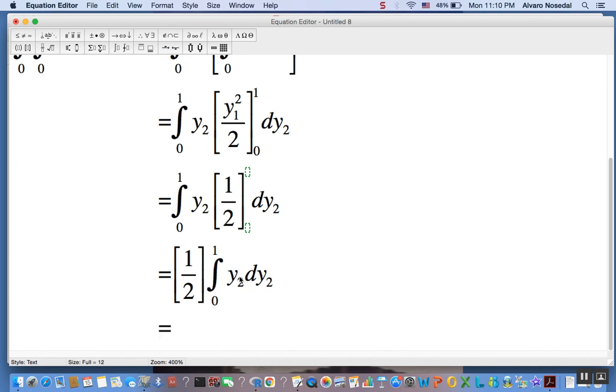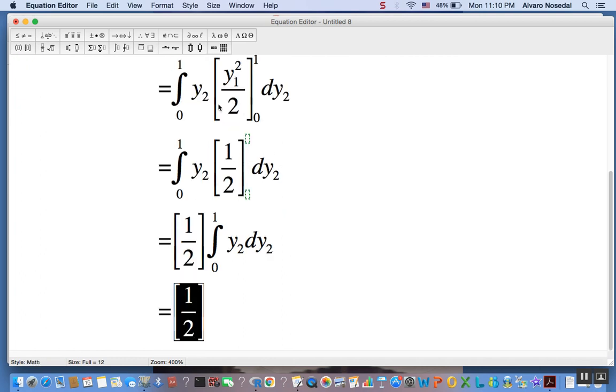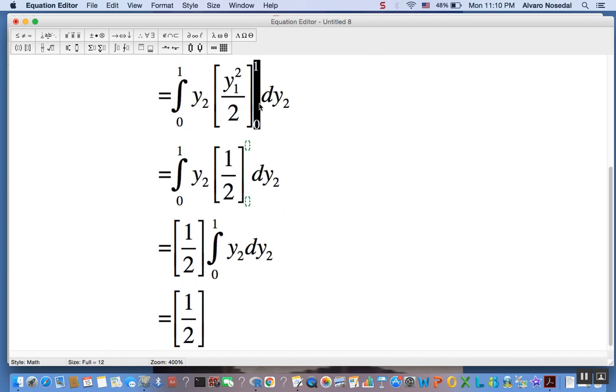That's just going to be y2 squared divided by 2, and we're going to evaluate at 1 and 0.